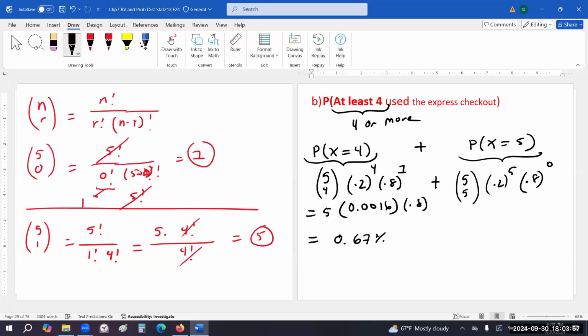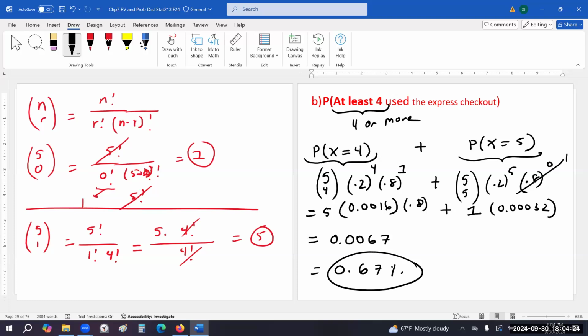And then we have 0.8; 5 choose 5 is 1, and 0.2 to the 5 is 0.00032, if I'm not wrong. And this is 1. So if we add this, the answer is very small, 0.0067, which gives us 0.67%. Not even 1%. So definitely 4 or more people, they don't use that app. They're smart.